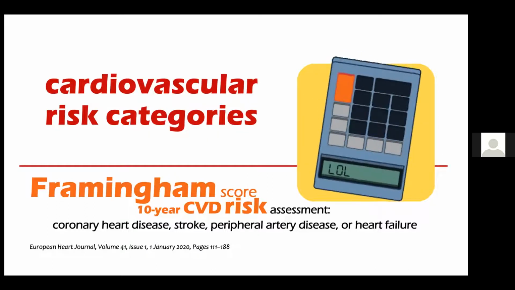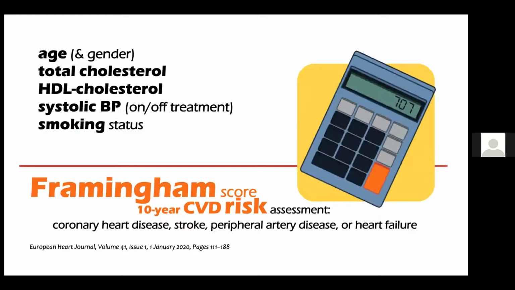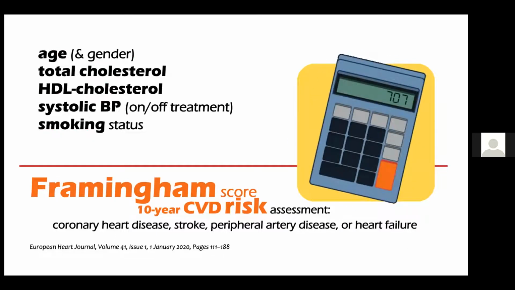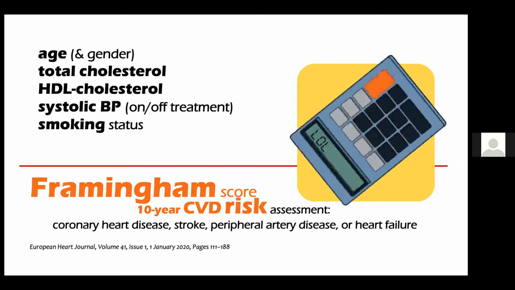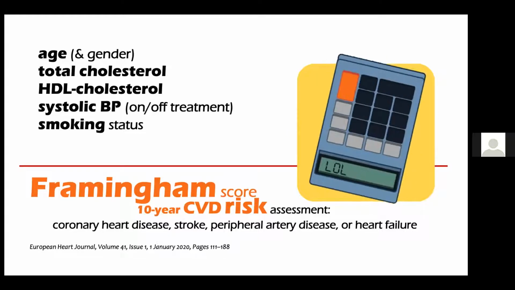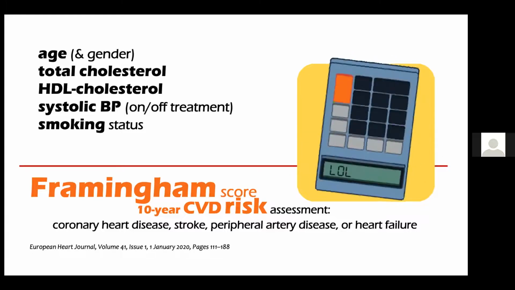So this is just to remember which data we need whenever we want to calculate, because this is the tool that we should be proficient with and knowledgeable about. We need your patient's age and gender.